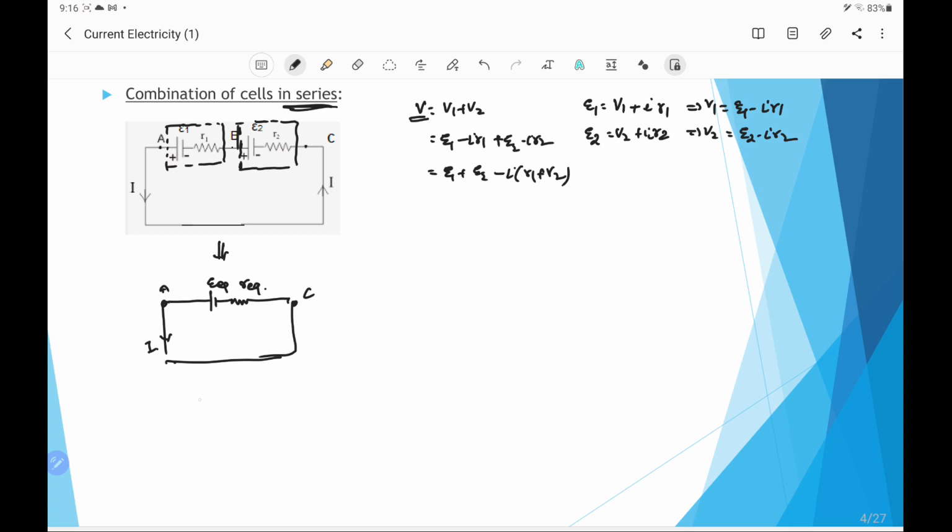Here we can write that the potential difference across AC, that is V, is equal to E equivalent minus I R equivalent. So we replace this value of V and get E equivalent minus I R equivalent equal to E1 plus E2 minus I times (R1 plus R2). Now we compare the left hand side and right hand side, and we get E equivalent is E1 plus E2.